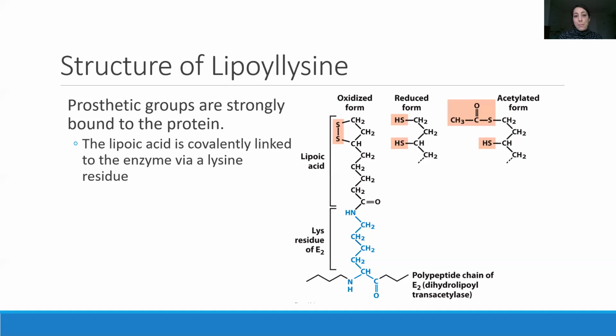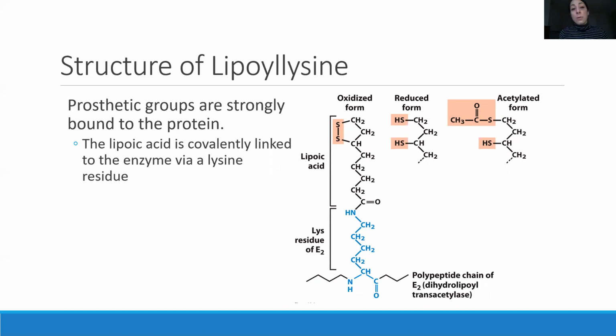It gets its name from being a lipoic acid plus a lysine residue. So this whole molecule is usually going to be formed where there originally was a lysine amino acid. And the addition of the lipoic acid makes this very long chain that we then call lipolysine. And this is covalently linked to the enzyme, so it is anchored in there.